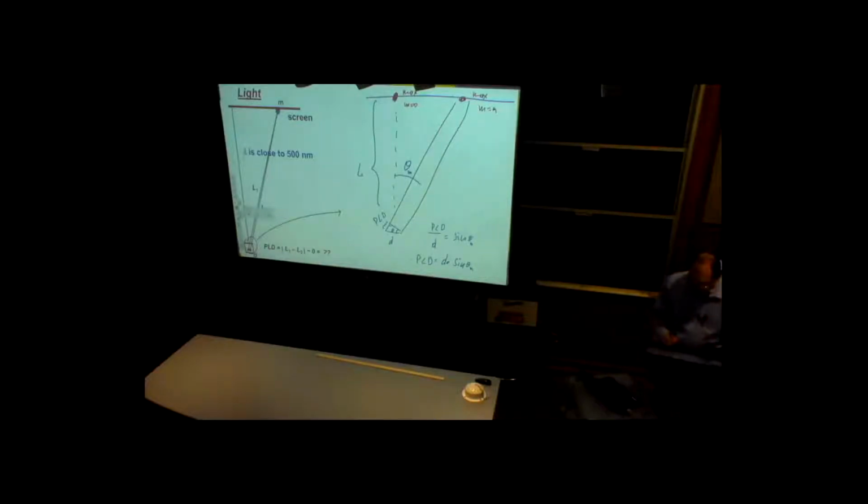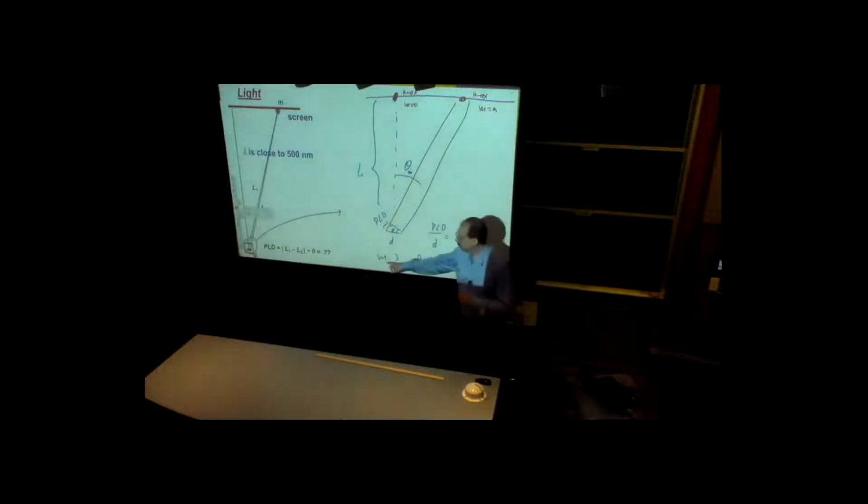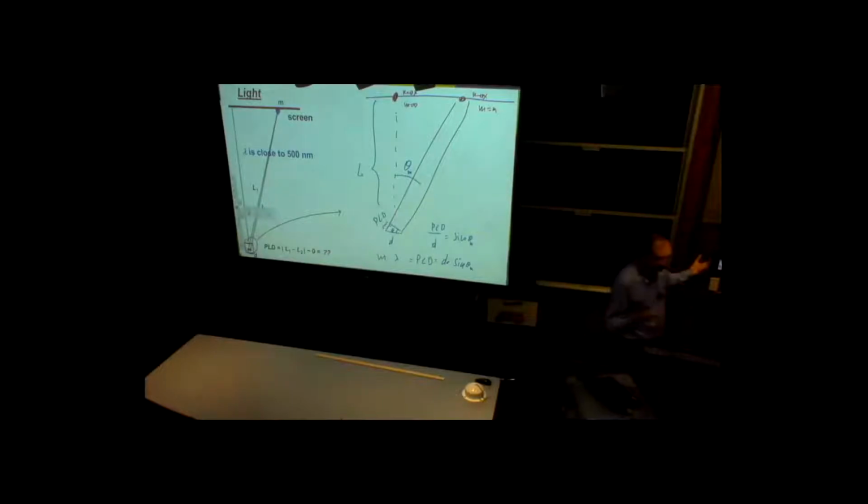which means this path length difference also supposed to be equal to, according to the condition for constructive interference, this product. That's it. This is the actual working condition for the mth maximum, which we observe on the screen, which is generated by two sources or two slits, coherent.